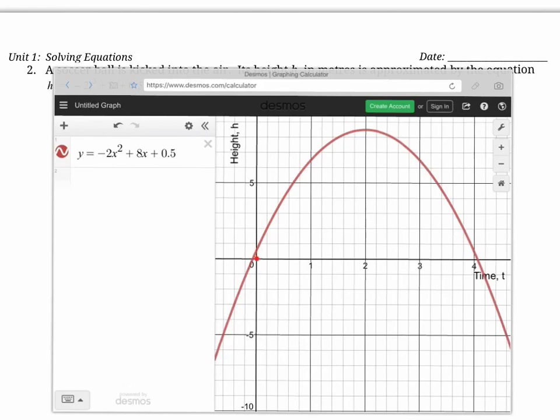So if it went through the origin, we would know that the height of the ball was on the ground when it was kicked, and if we plugged in 0, we would have got a height of 0. But we want to just triple check what that height is right there. So if we were to click this here, we're going to see the point (0, 0.5). So we know that the height is 0.5 when our time is equal to 0.